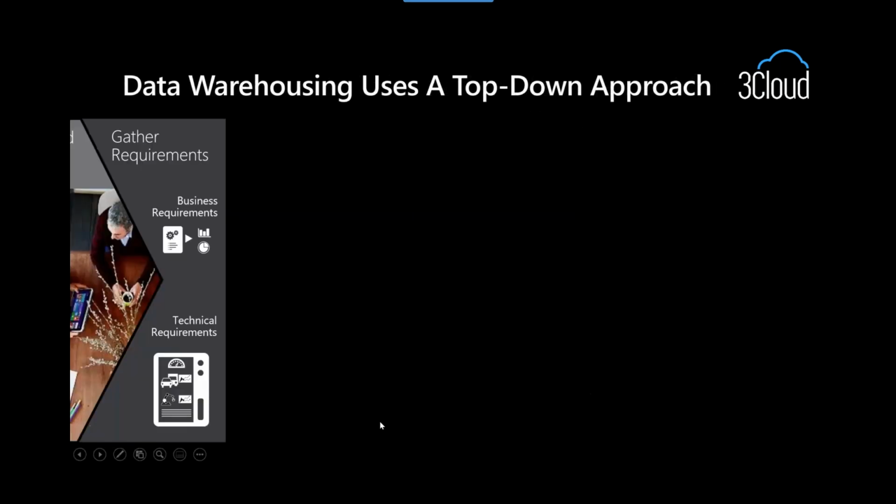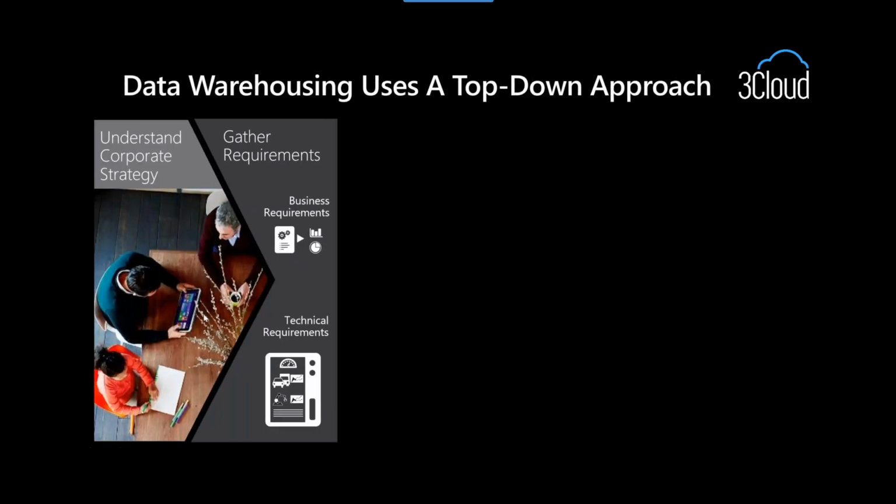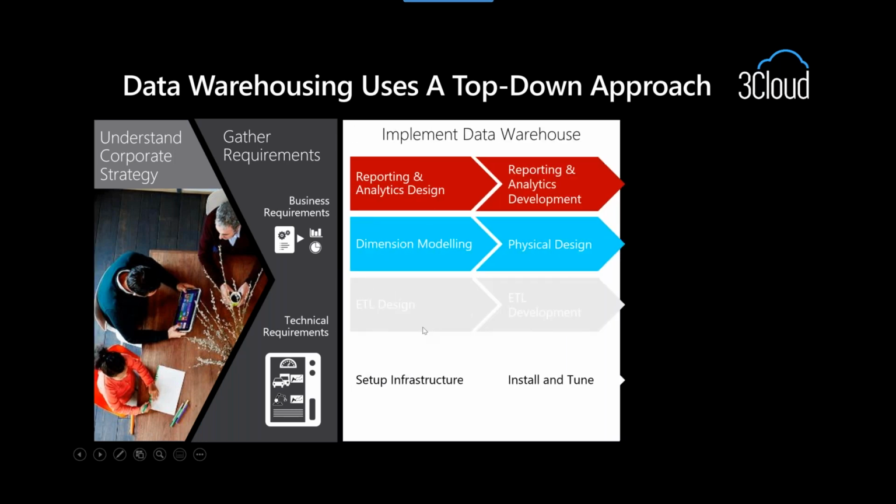So here's your top-down approach. We go and talk to corporate strategists and all the decision makers, right? And we talk about business requirements and technical requirements. We do all those good steps. And then we go through and do the analytics design and figure out what we're going to try for. Do dimensional modeling, which is part of this whole thing. Looks like this one area is a little hard to see.